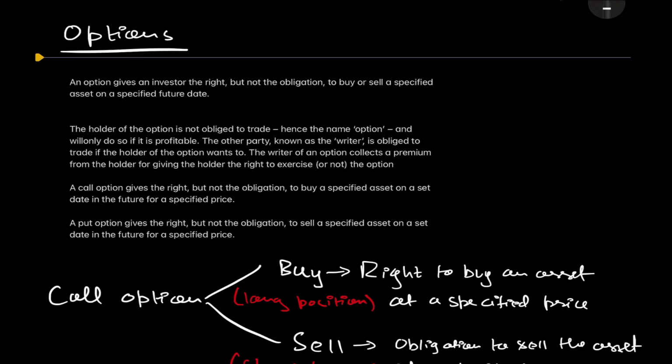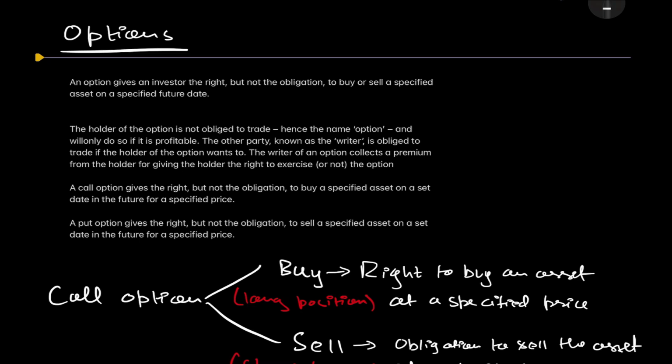Basically, if it is a call option, then the buyer of the option, the holder, has the right to buy, and the writer of the option, the person who has given this option, has the obligation to sell. Similarly, in case of a put option, the holder of the option has the right to sell, but the writer of the option correspondingly has an obligation to buy if the other party wishes to do so.